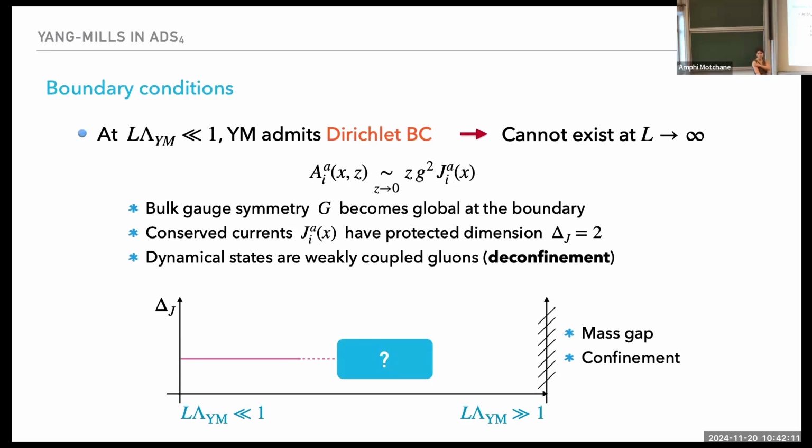So you are in 4 dimensions, right? Yes. So why is the dimension of the current 2? Because 4 dimensions is the bulk, 3 dimensions is the boundary. The global current is at the boundary. The dimension is 2.